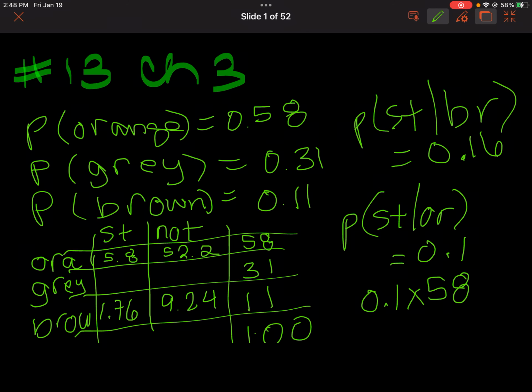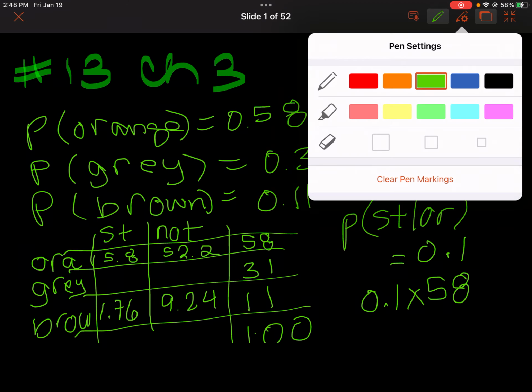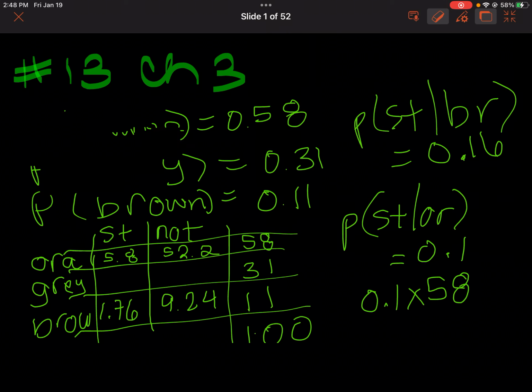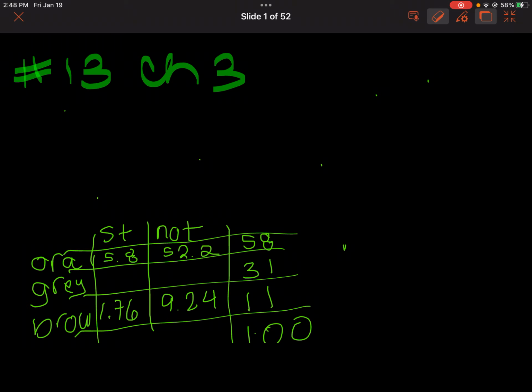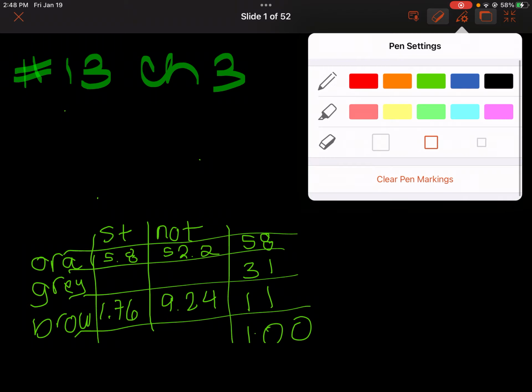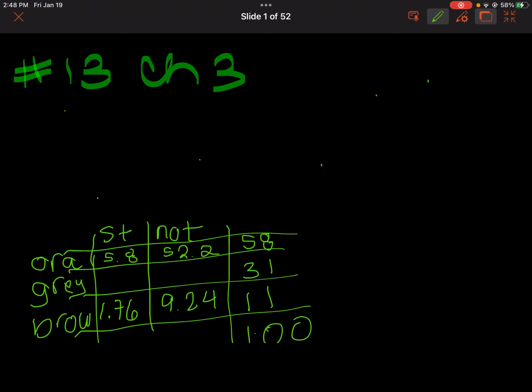And then for the last one, I'm going to come in here and erase for a minute. Let's just get rid of this piece. We don't need that. Actually, we won't need this anymore either. So the last one says that if the animal is gray, the probability of stripes is 0.27.